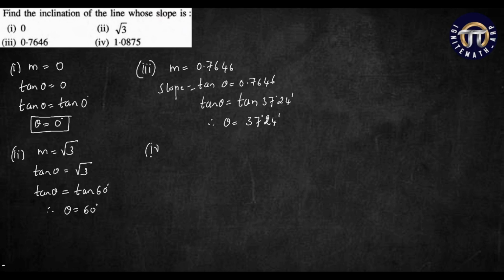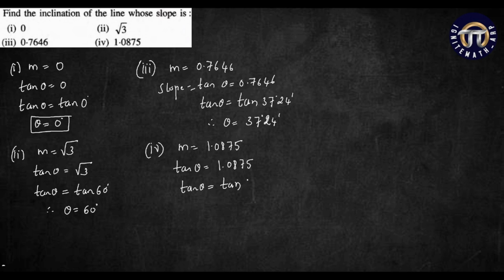So now let me take the fourth example. Slope m is equal to 1.0875. So again I can write tan theta is equal to 1.0875. Tan of what angle is 1.0875?